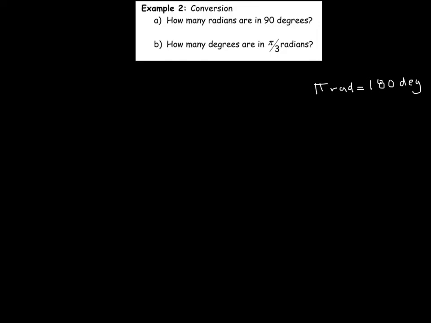All right, and so the first one, we are converting from degrees to radians. So we want to start with 90 degrees. So we'll say 90 degrees, and I'm going to write out the word degrees, at least the 3 letters, times a conversion factor. So we need 180 degrees to go down here, and we need pi radians to go here.